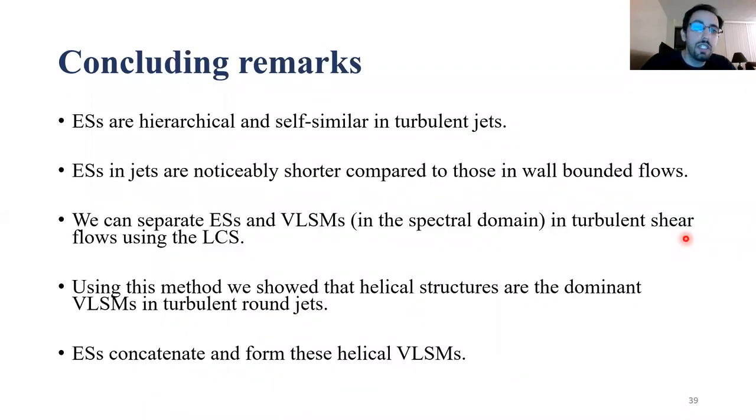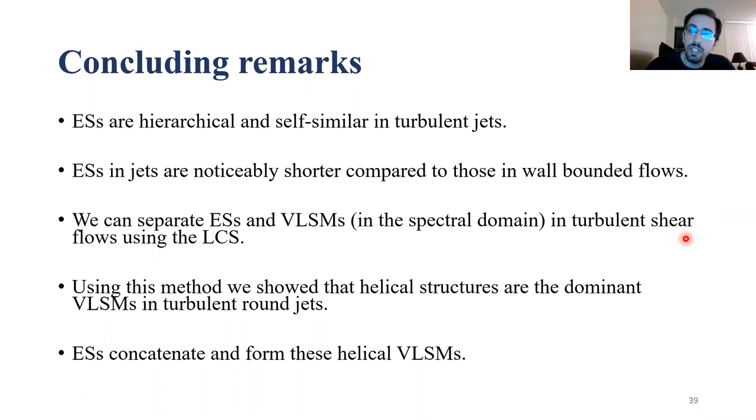So this brings me to the concluding remarks. Using the linear coherence spectrum, we showed that eddy structures are hierarchical and self-similar in turbulent jets, very much similar to wall-bounded flows. But the eddy structures in the jets are noticeably shorter compared to the eddy structures in wall-bounded flows.